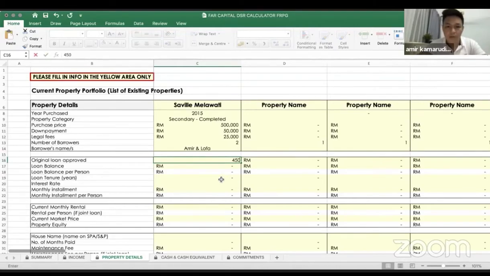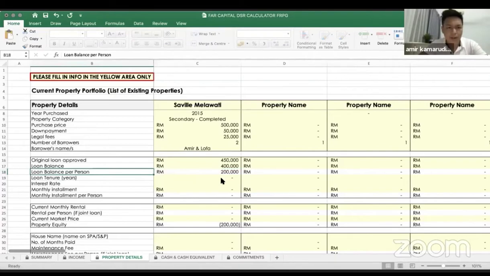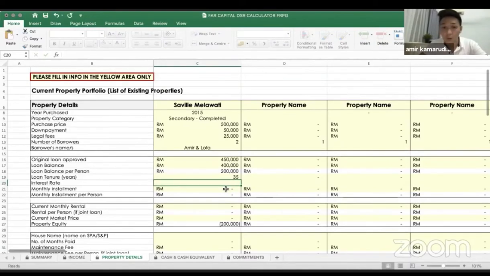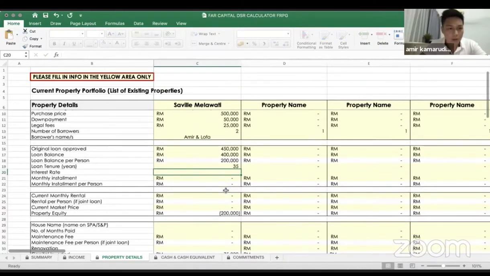Okay. And then we have original loan approved. Let's say 450,000. Loan balance, let's say there's 400,000. Again, this one you guys have to check, and automatically here you can see the loan balance per person. Because there are 2 people here, the calculation is divided by 2. Loan tenure 35 years. For those with 30 years or shorter, put accordingly.